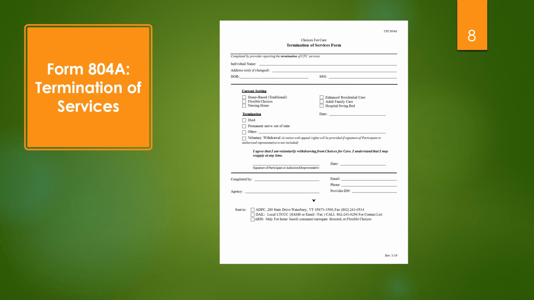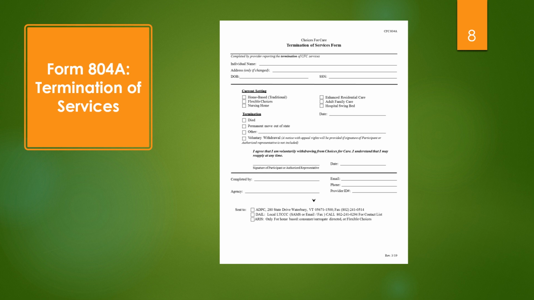To complete 804A, Termination of Services, begin by entering the individual's name, address, date of birth, and Social Security number. Next, check the box of where the individual is currently receiving services. Then complete the termination information. Fill in the effective date of termination of services.